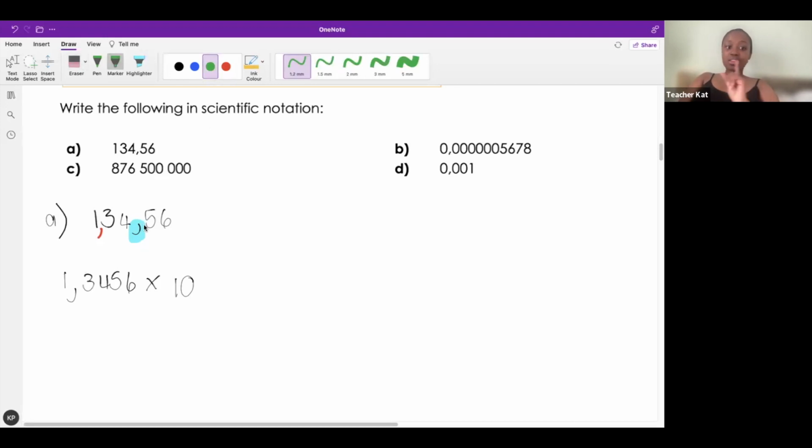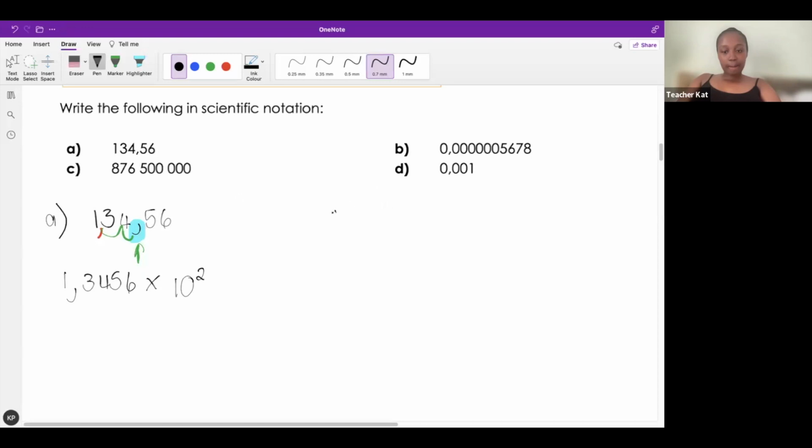It was 134. It wasn't 13,000. It was 134. So we started here and we went 1, 2. So then my exponent is times 10 to the power of positive 2. All right. Are we with me? Okay, I don't see any questions. So I'm going to do the second one and see if we are sort of getting this.